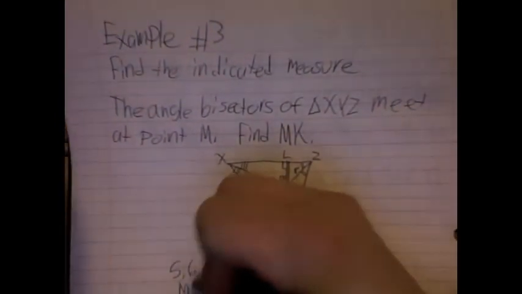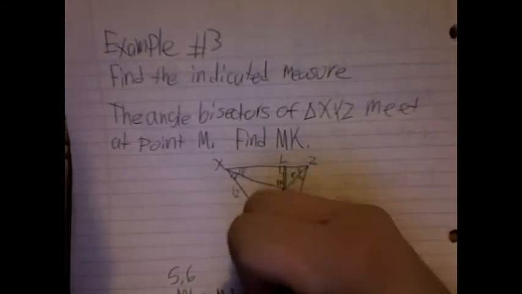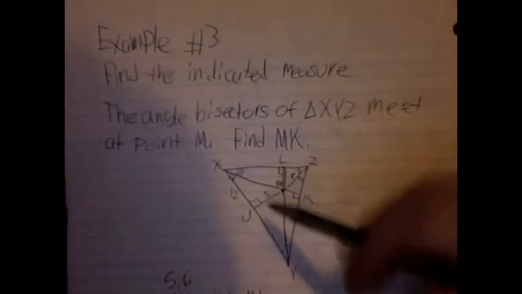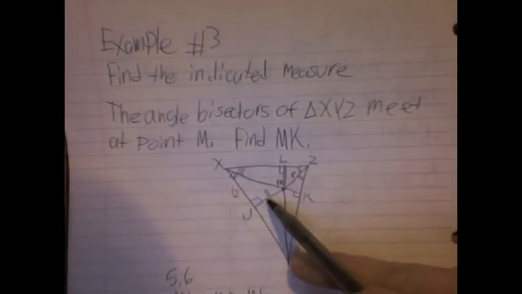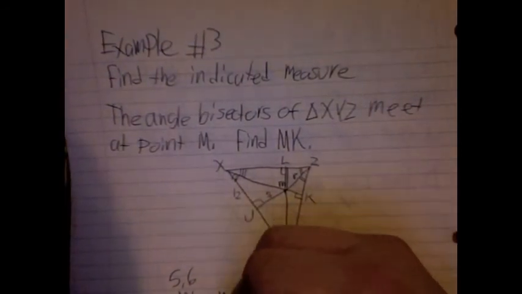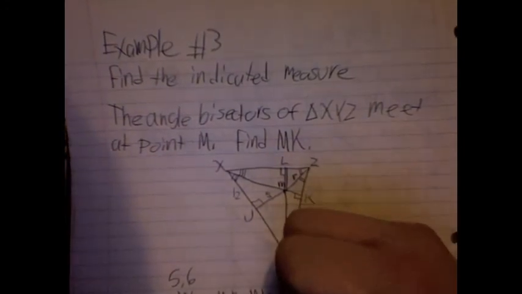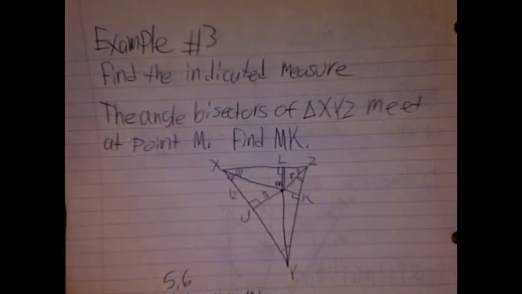So ML equals MJ, which equals MK. Since it says MJ is 5, that would mean that ML is 5, which would mean that MK is 5. So there you go. That one was a pretty easy one.